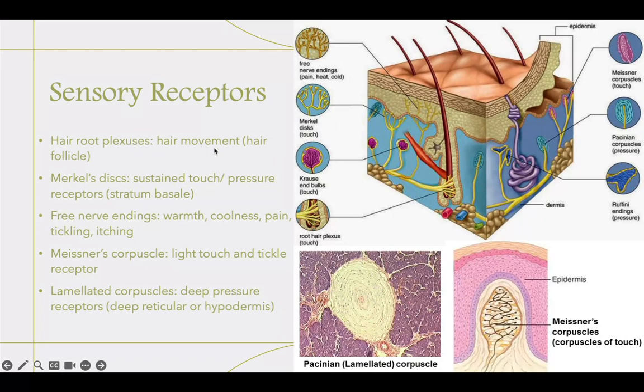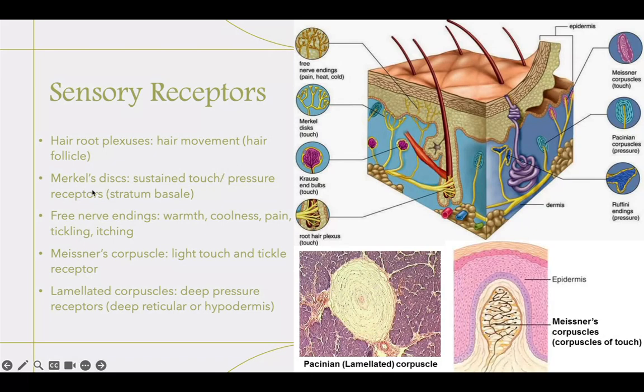This is essentially going to stimulate hair movement, right? So we can't have any movement without some sort of receptor, right? What pulls the hair after the sensory reception would be the erector pili muscle. Okay, but we still need to have some type of nerve ending, some type of portion attached to send that signal to activate the erector pili.